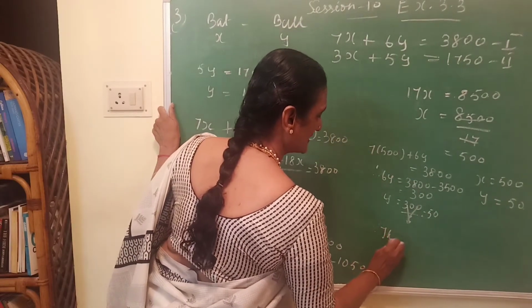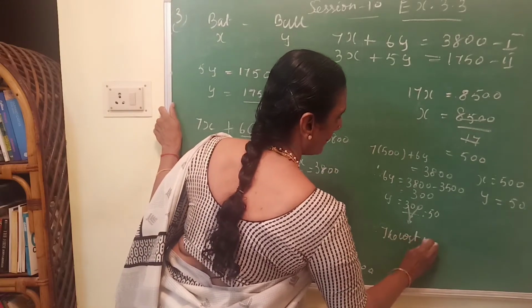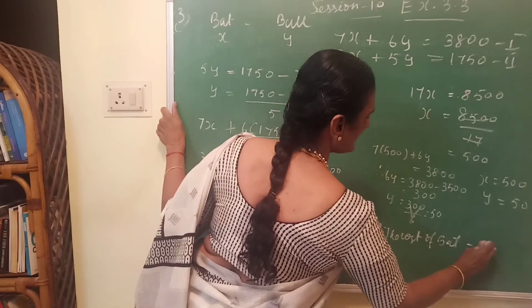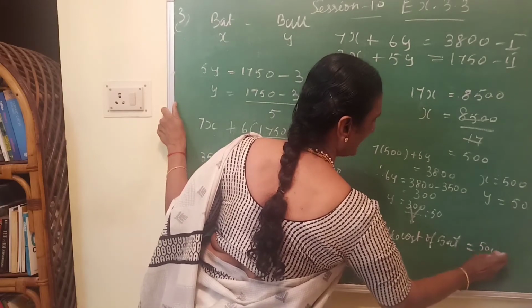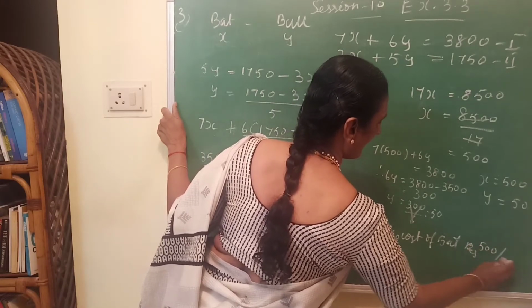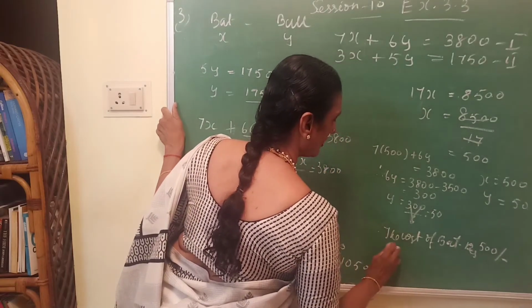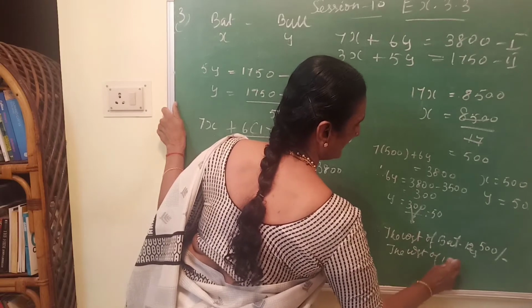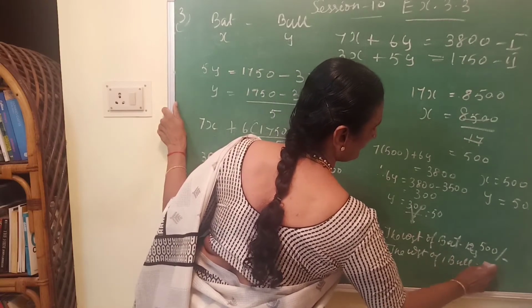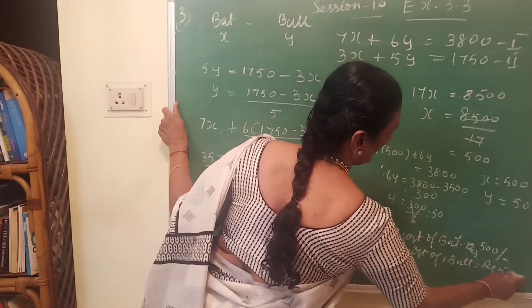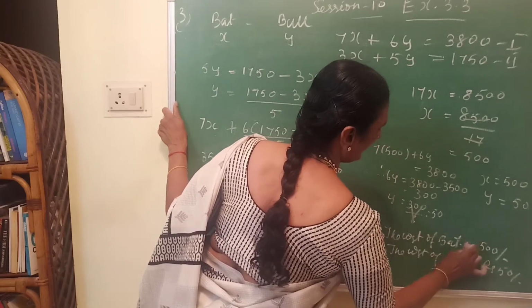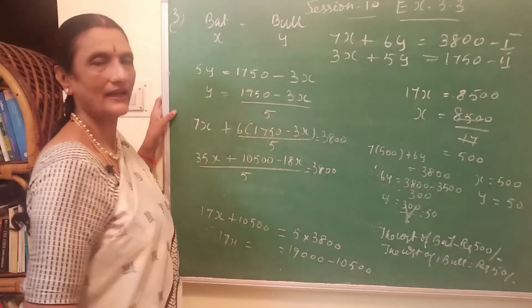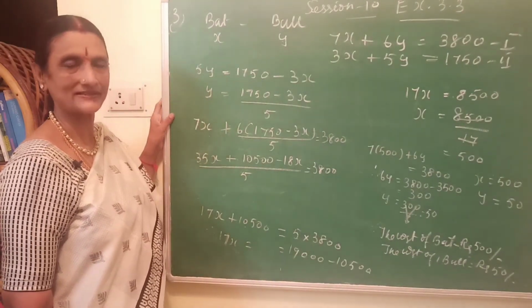Therefore, the cost of one bat is 500 rupees, and the cost of one ball is 50 rupees. You have to finish like this, and this is how you should present your answer.